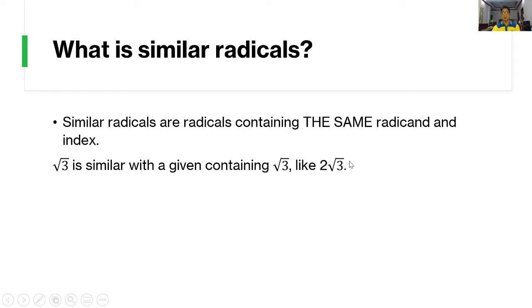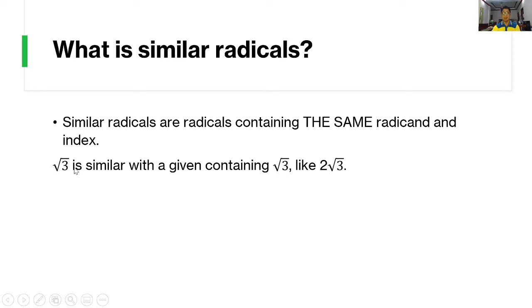By the way, ang ibig pong sabihin nito, 2 times the square root of 3. This is actually a whole number, yung 2 natin dito. So tandaan lang po natin, para sabihin po natin na similar po yung radicals natin, parehas yung index. Ano nga ulit pag wala yung number na nakikita rito sa may buntot? This is 2. So yung index natin dito, 2.